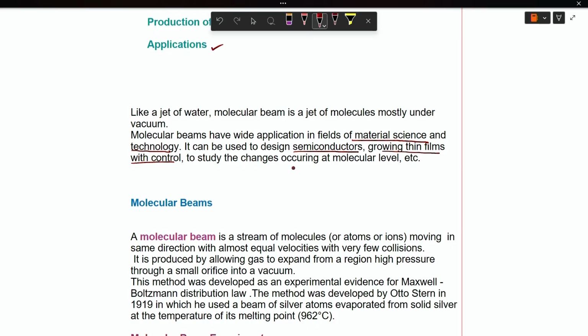We can control the thickness using molecular beams. Then, we can study the changes occurring at the molecular level in reactions, in adsorption and all these things, using molecular beams.